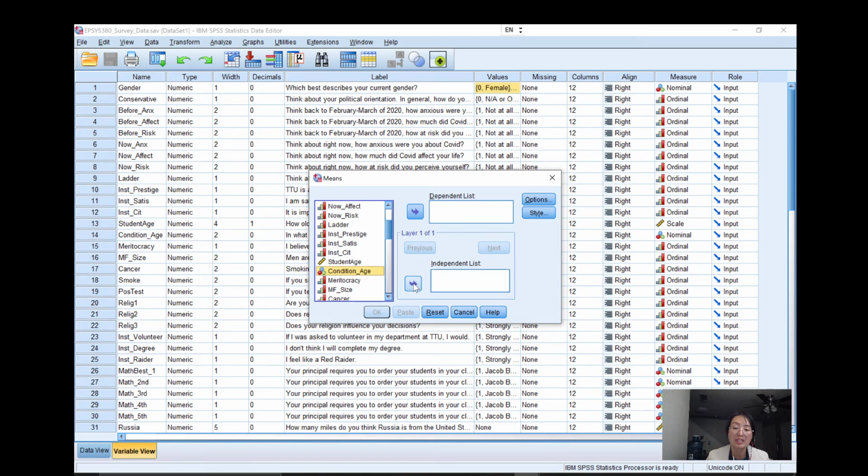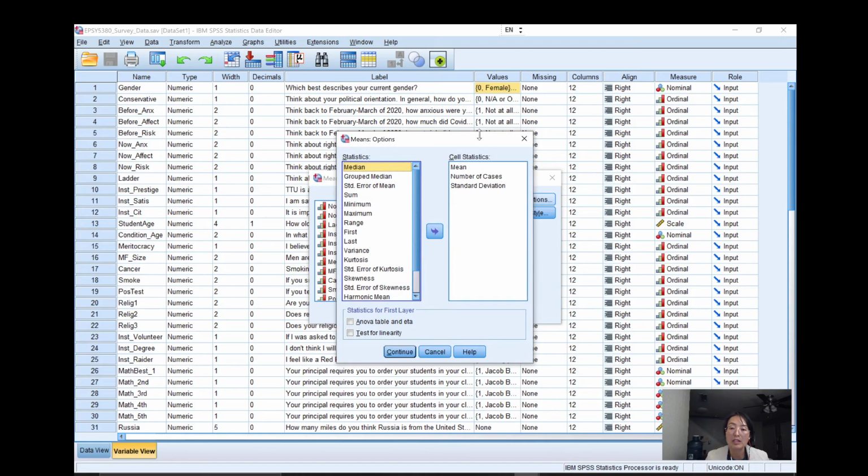Okay, so the condition is given. And then student age, we are interested in seeing if by giving people different names, they may score or estimate students' age differently. So we put it in the dependent list, because this estimated age is probably depending on what kind of name is given to them.